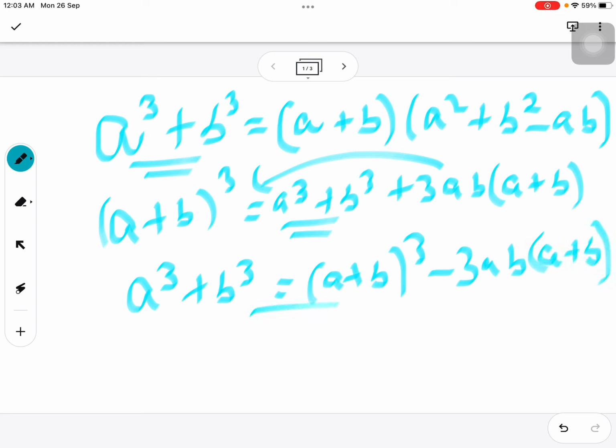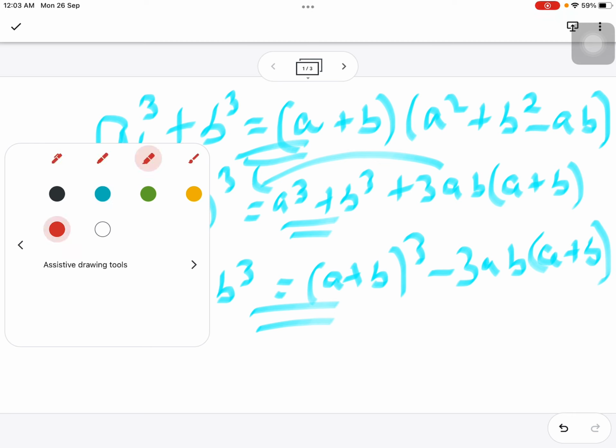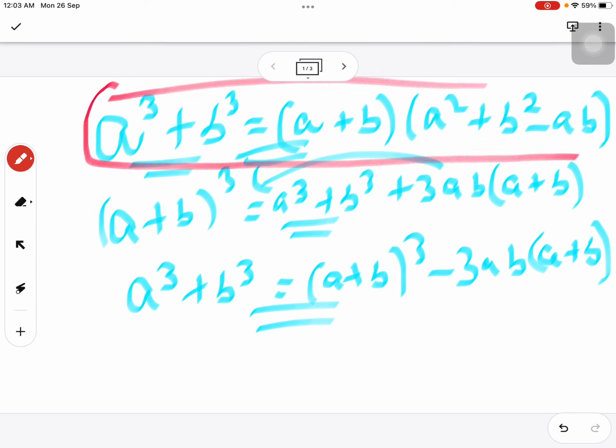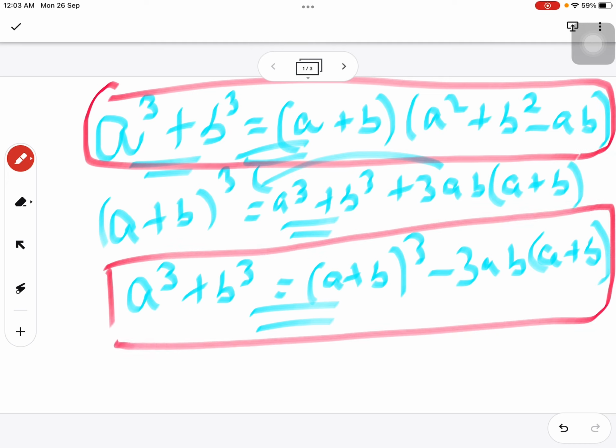You can also use this formula, and this also has some specialized uses. So either you can use this one or you can use this one. Okay, this is nothing but a different form of the previous formula, so you don't have to worry about remembering that. But this one you have to remember.